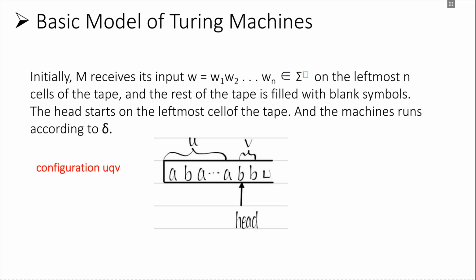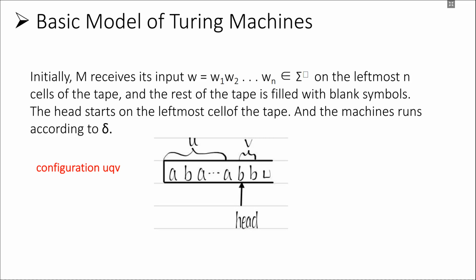Initially, M receives its input W on the leftmost n cells of the tape if W has n symbols, and the rest of the tape is filled with blank symbols. The head starts on the leftmost cell of the tape, and the machine runs according to delta, the transition function.